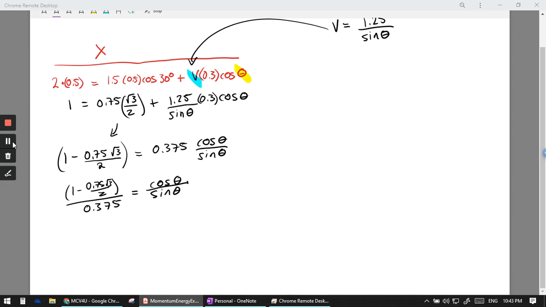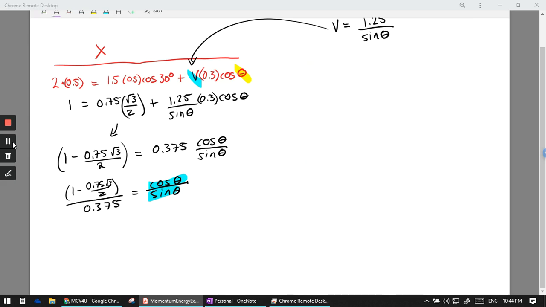Now, I know that cosine theta over sine theta is cotangent, but I also know that sine over cosine is basically the reciprocal of what we have here. That's not cotangent, but that's tangent.